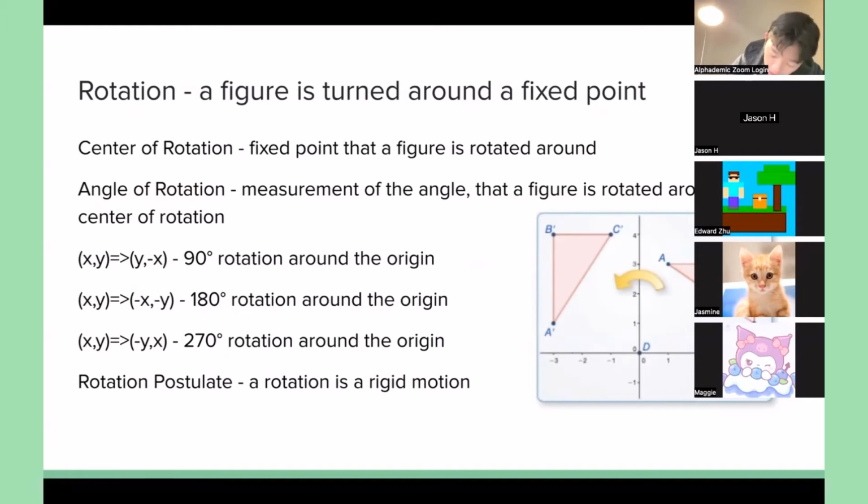So let's say we have this point (25, 4), right? Can you guys rotate it 90 degrees, 180 degrees, and 270 degrees? And then once you get the new points, can you just type your answer in the chat box?